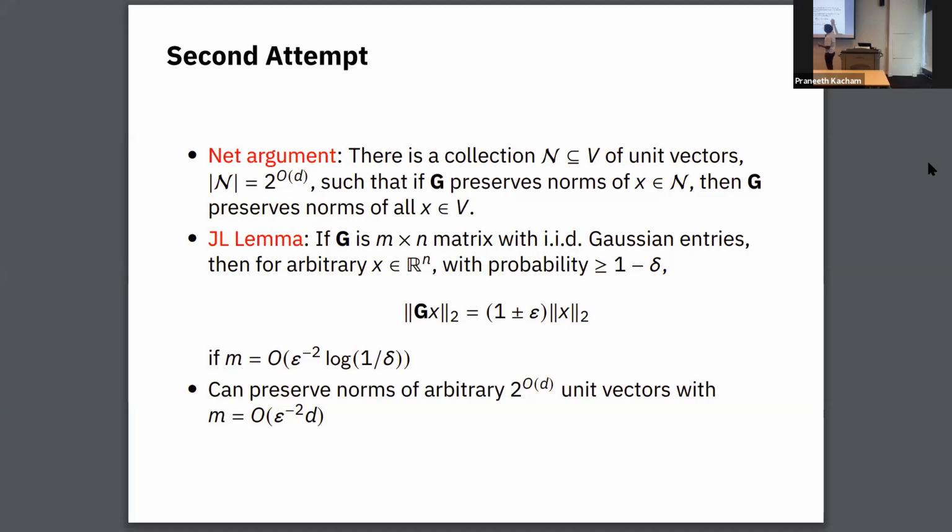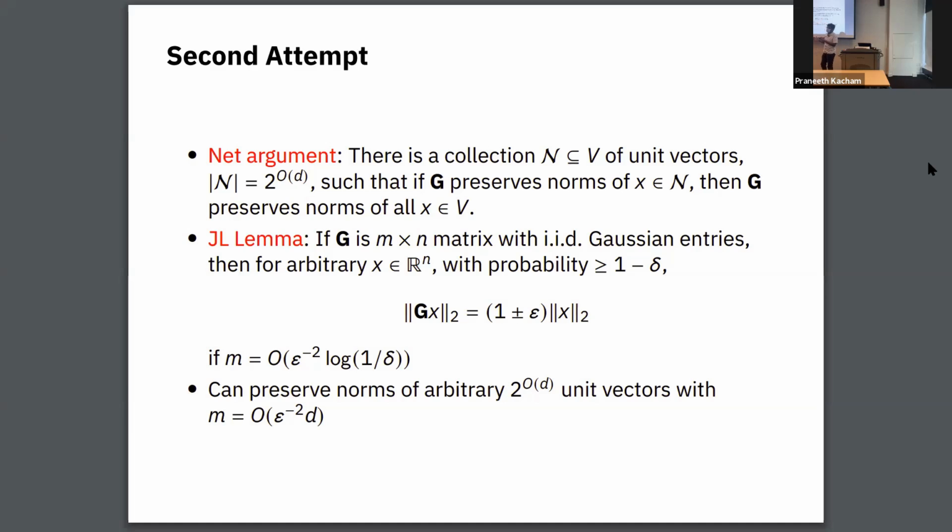So if I choose my failure probability to be 2 to the minus order d, and if I pick my m to be log of 2 to the order d over epsilon squared, that is order d over epsilon squared, then this Gaussian matrix succeeds simultaneously for all the net vectors, right?